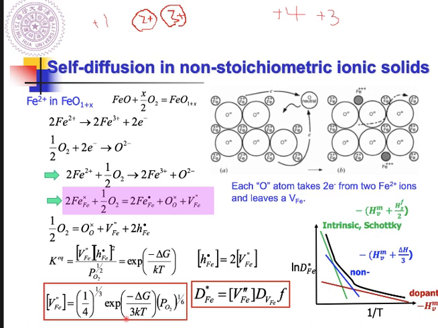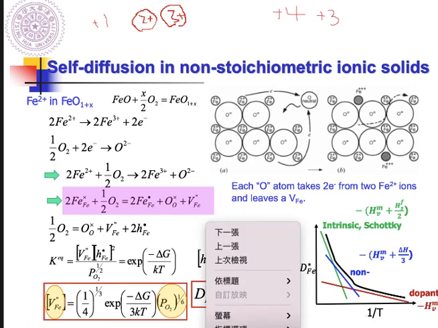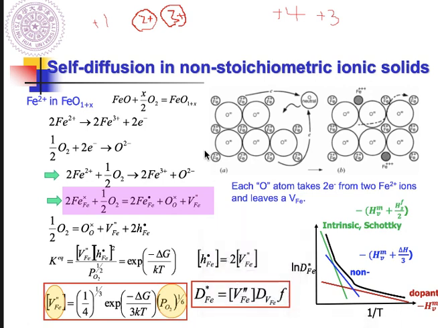The other thing I want to remind you of, take a look here. We observe on this non-stoichiometry effect that the vacancy at the iron side is proportional to the partial pressure of oxygen. So what does this mean? When you try to increase the partial pressure of oxygen, what will happen?